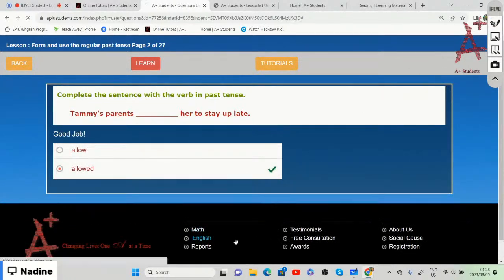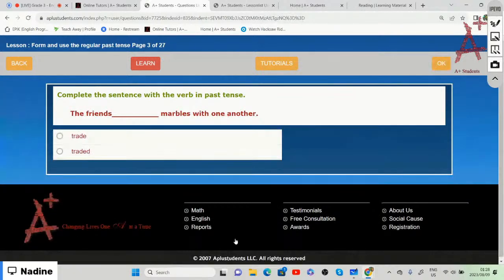All right. The friends, is it the friends trade marbles with one another, or they traded marbles with one another? Remember, we need to keep in mind that this is the regular past tense verb, which means that we need to write something in the past.